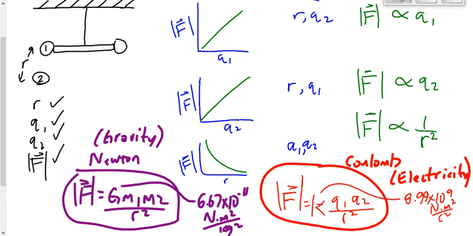We're going to compare these two laws in a couple of different ways. One, the basic structure of the equation. We call them both inverse square relationships because the force in both cases is inversely proportional to the square of the distance. As r goes up, F goes down in both cases. That's what they have in common.